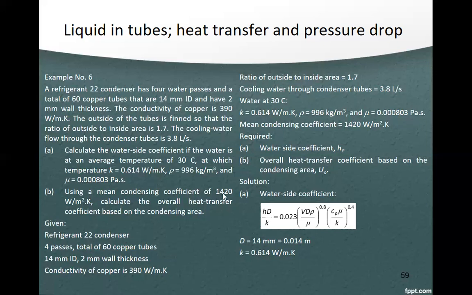So, inside yung water. Okay. Flows through condenser tubes. So, itong given na to is a condenser. Required, yun nga, A, water side coefficient, h_i. B, overall heat transfer coefficient based on condensing area, U_o.